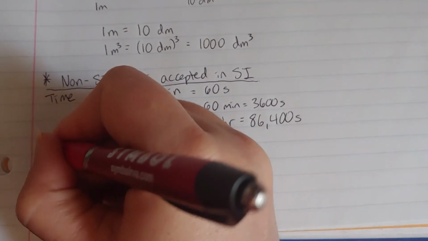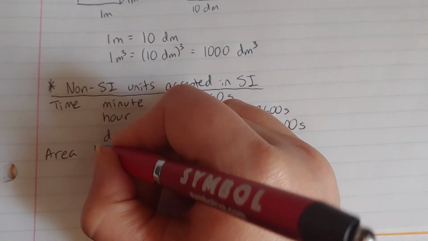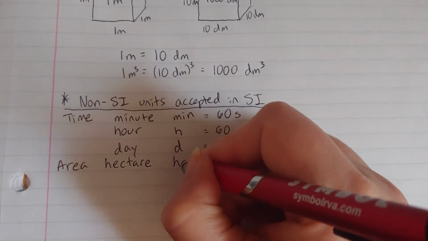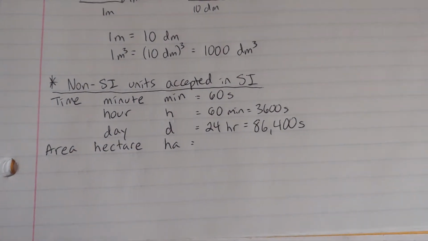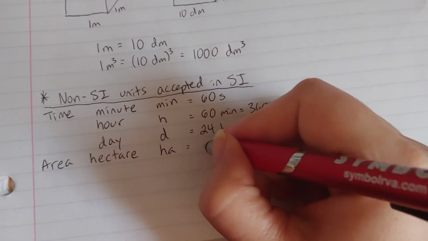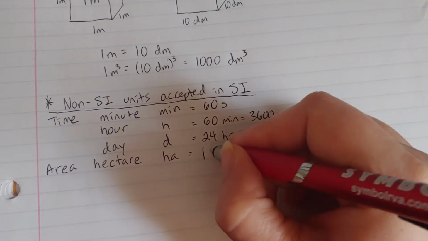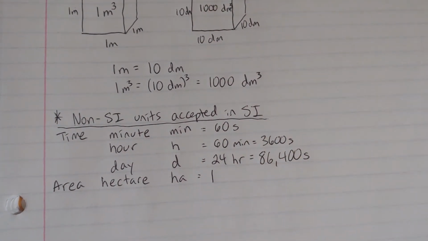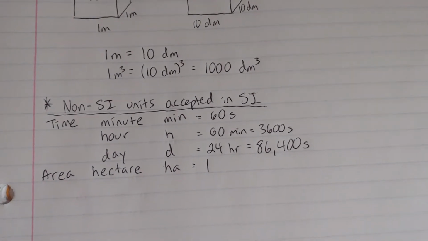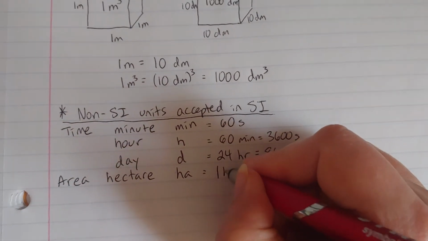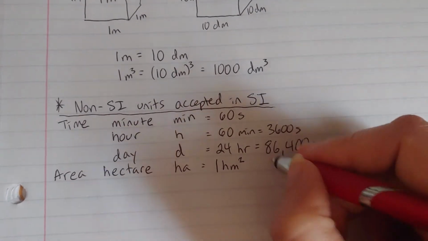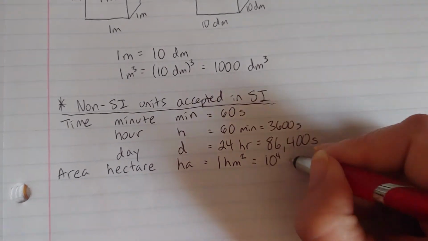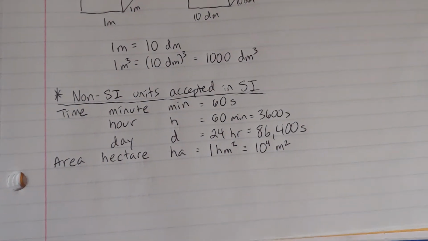For area, we do allow for the hectare, which is HA. And that is 1 hectometer squared, or 1 square hectometer, which would be equal to 10 to the 4th square meters.